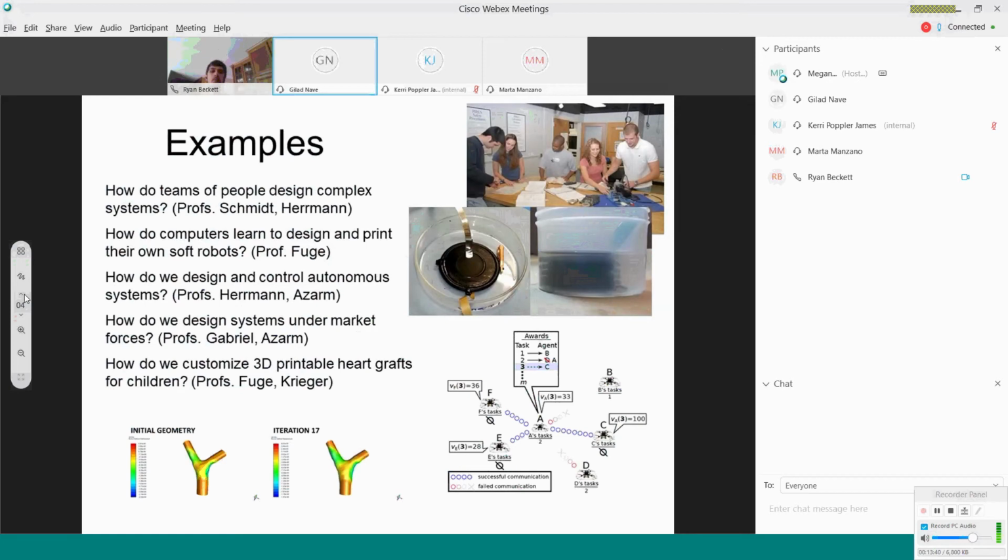And he also takes a look at how you can use those computers that you use for design to work in 3D printing to manufacture their own design. So can you manufacture your own, in this case, soft robots, which he has shown in those beakers there.